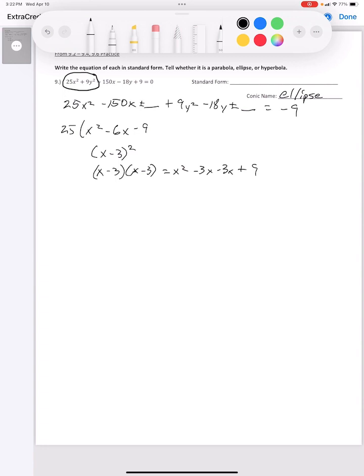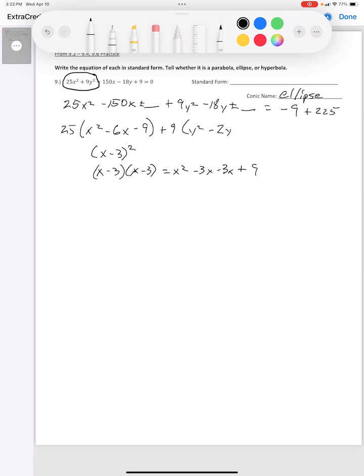So then we're going to have 25 times 9 over here. It's going to be plus 25 times 9, 4 times 25 is 100, that's going to be 225 that I have to add on the right-hand side. Now let's take the 9 out. That's going to be 9y squared minus 2y.